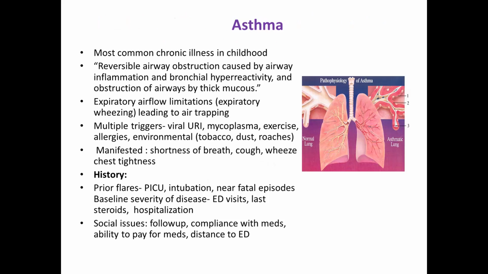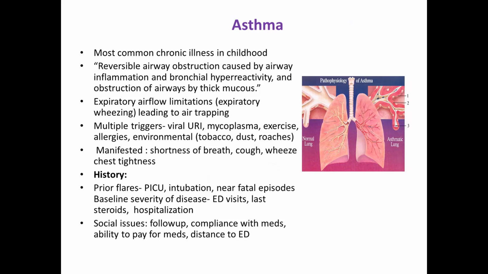So, pediatric asthma. Pediatric asthma is the most common chronic illness in childhood. It is a reversible airway obstruction caused by airway inflammation, bronchial hyperreactivity, and obstruction of the airway by thick mucus. So what happens in pediatric asthma?